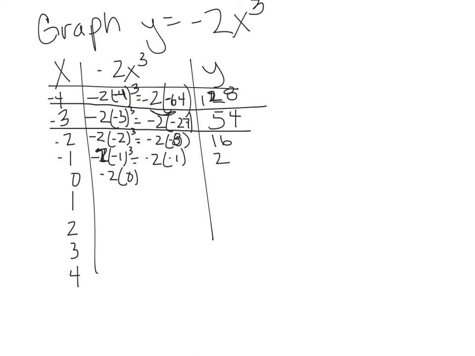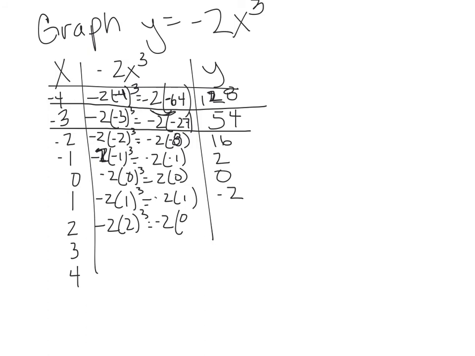Negative 2 times 0 to the third. It's going to be negative 2 times 0, so that's just going to be a 0. Negative 2 times 1 to the third. It's going to be negative 2 times 1. Negative 2 times 2 to the third. And so you may see a pattern that's starting here in that it again is starting to mirror those values, only this time we're going to turn into negatives.